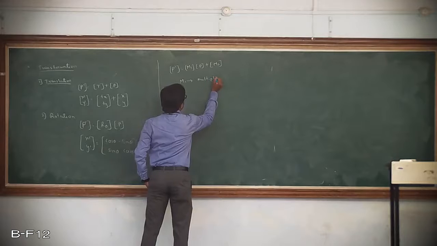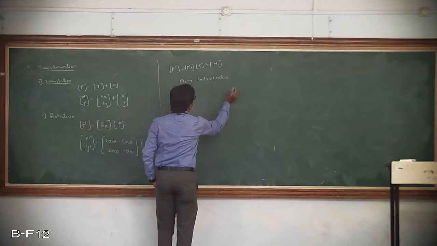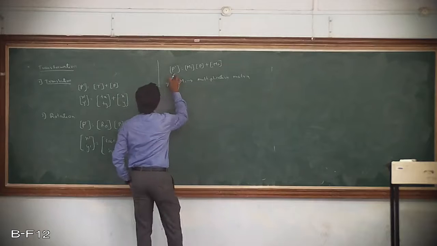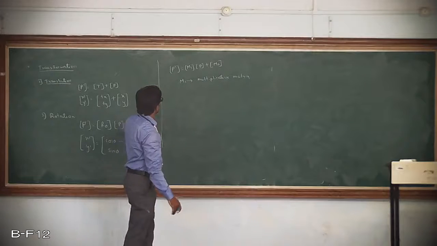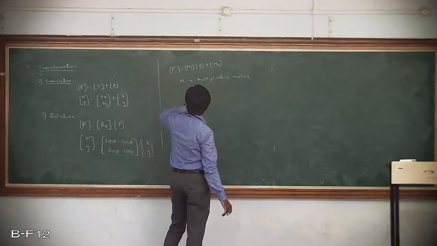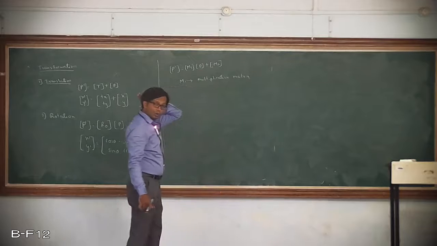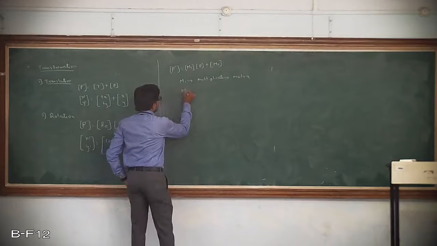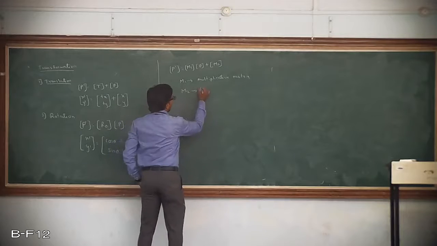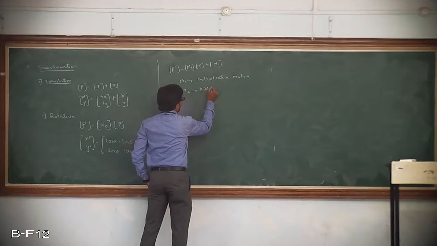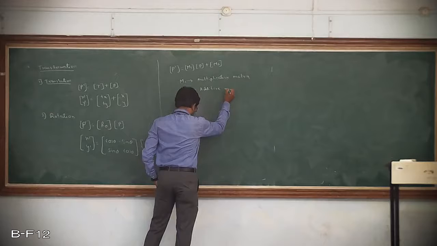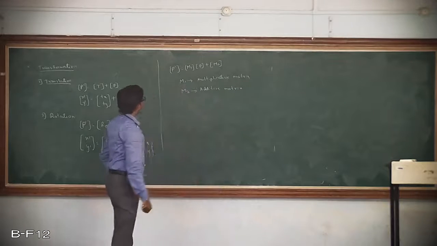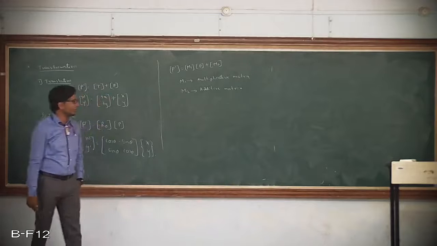You already know that P dash is the final coordinates after doing the transformation, and P is the original coordinates before doing any transformation. So here this will be M2. M2 is the additive matrix. Okay, so M1 is the multiplicative matrix, M2 is the additive matrix.